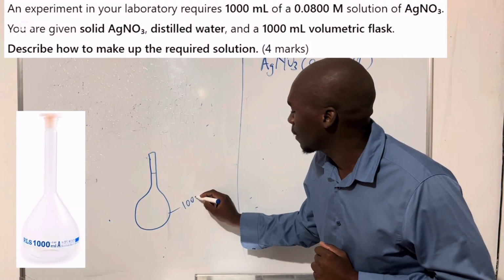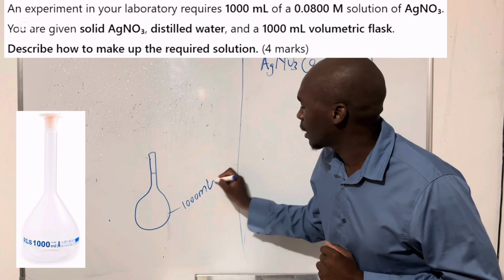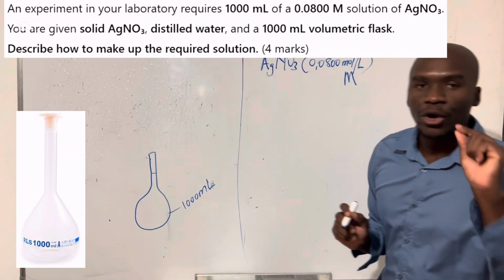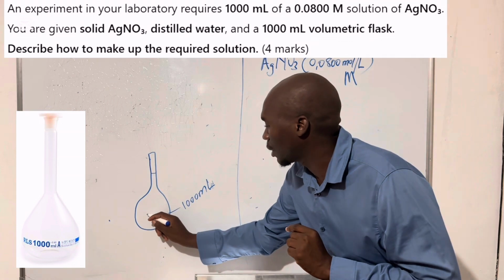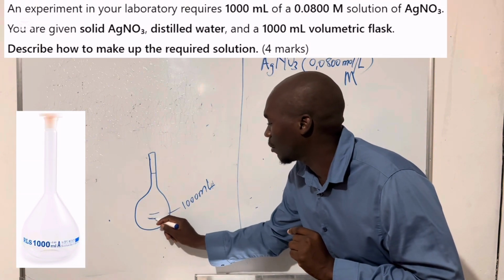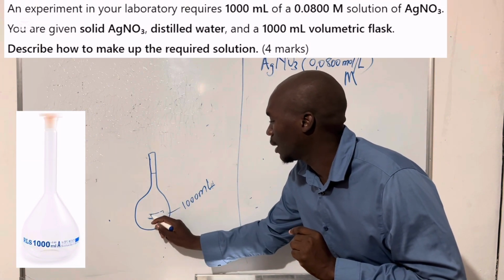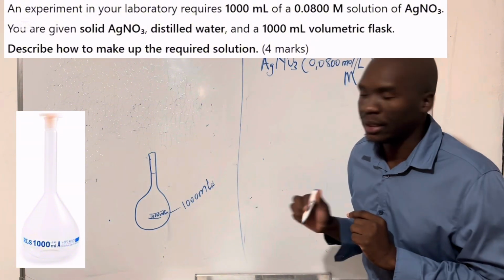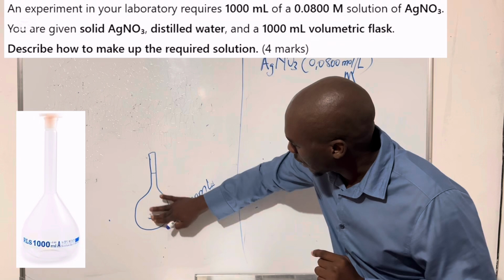Then obviously it's 1000 mL, the volume of this volumetric flask. Normally this 1000 mL will be written on the label of that volumetric flask. It will be written, but let me erase it for now.